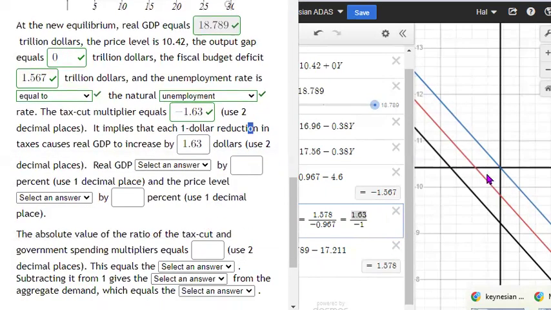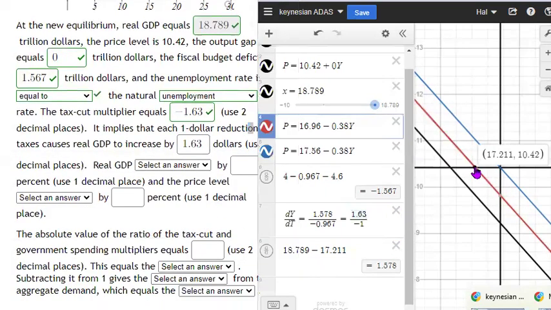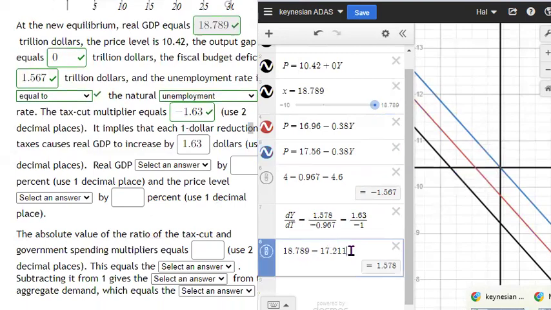And real GDP did in fact increase, right? It increased from 17.211 to 18.789 as a result of the tax cut. But we want to calculate the percent change, right? So this is what GDP is after the tax cut, and this is what it was before the tax cut.